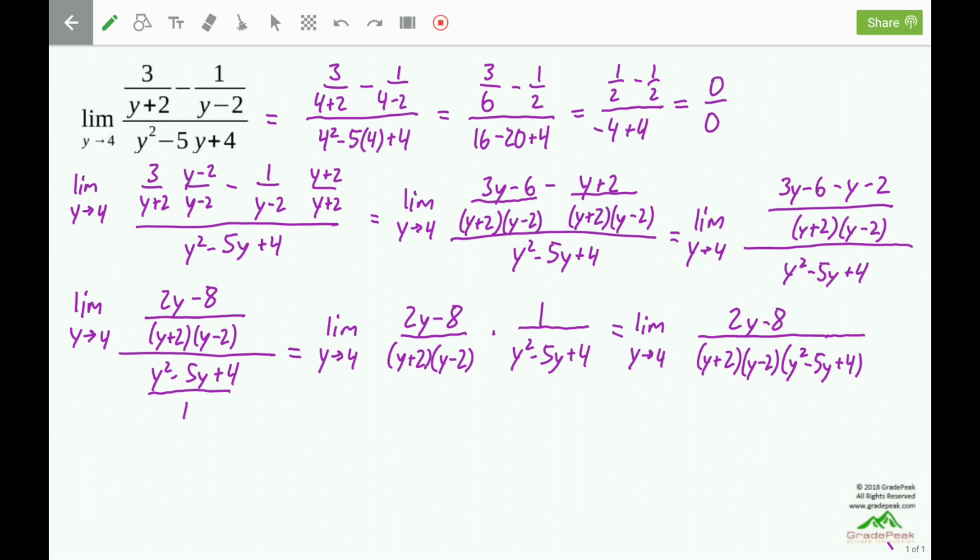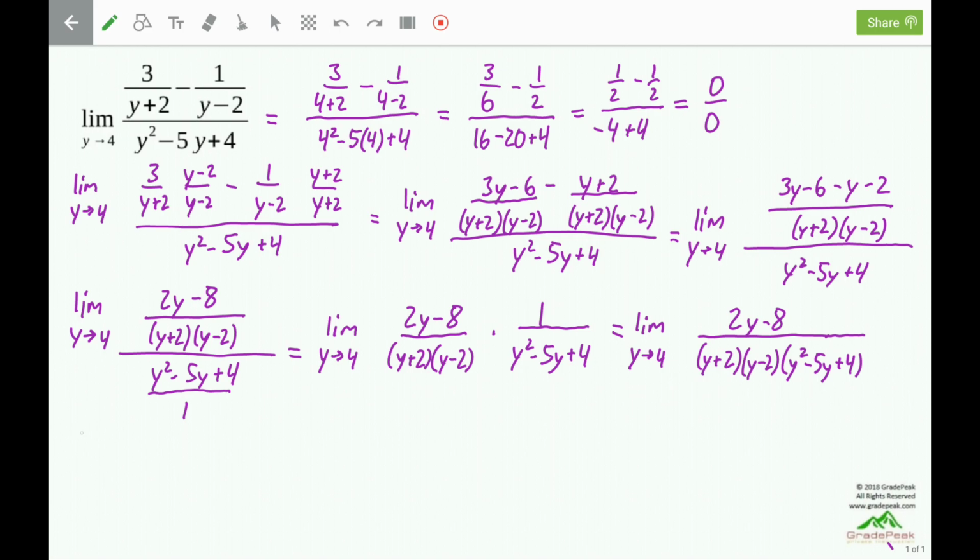So we have a 0 over 0 form still, since we haven't yet canceled. The 0 in the numerator is coming from the 2y minus 8. The 0 in the denominator is coming from the y squared minus 5y plus 4. Both of those become 0 when y is a 4.